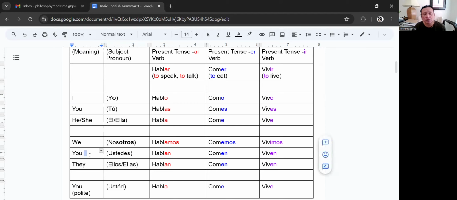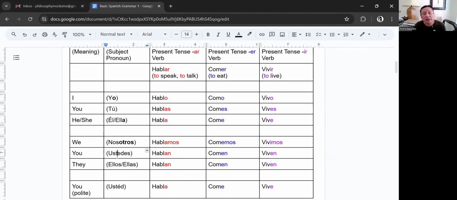You plural. Sometimes people write you all, or if you're Southern, maybe you might say y'all. That's the you plural, but regularly you just say you. We don't really need to say you guys or you all. You can just say you. But in Spanish, most Spanish speakers across the world say ustedes for you.